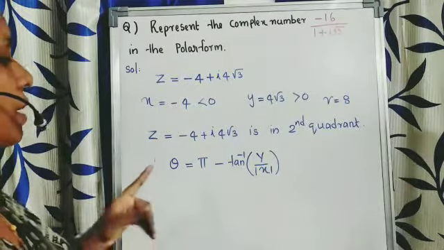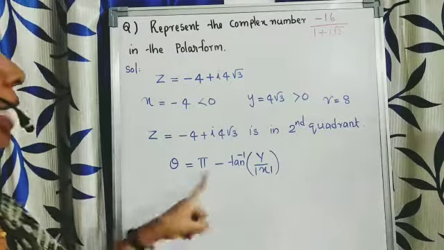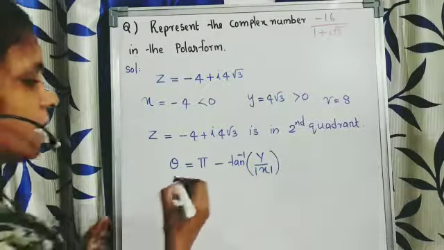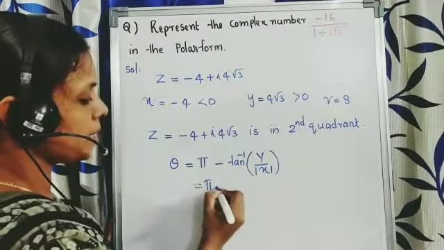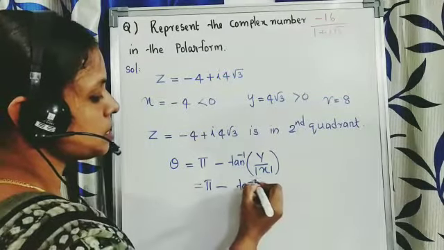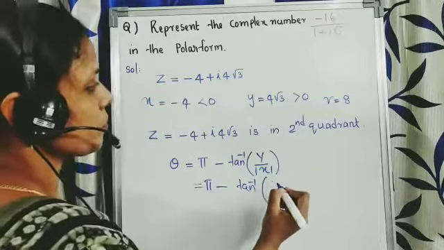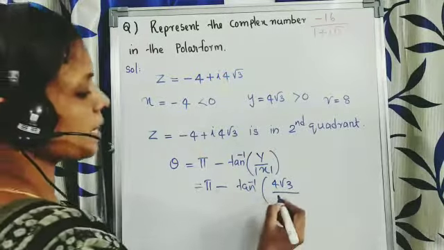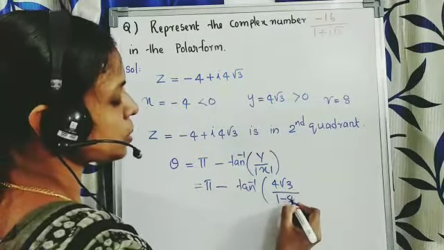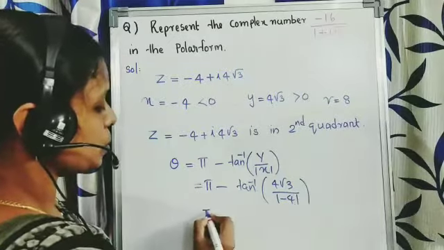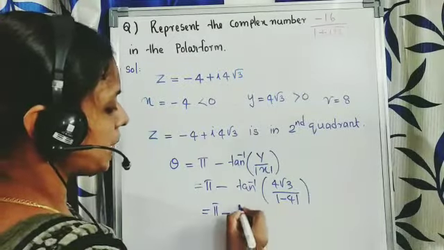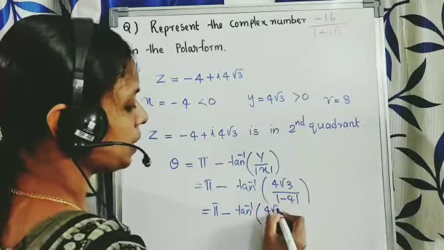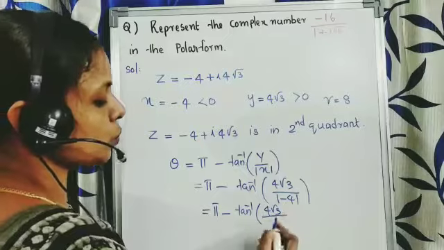From our formula, we can write theta is equal to pi minus tan inverse of y divided by mod x. That is equal to pi minus tan inverse of 4√3 divided by mod of -4, which is 4.